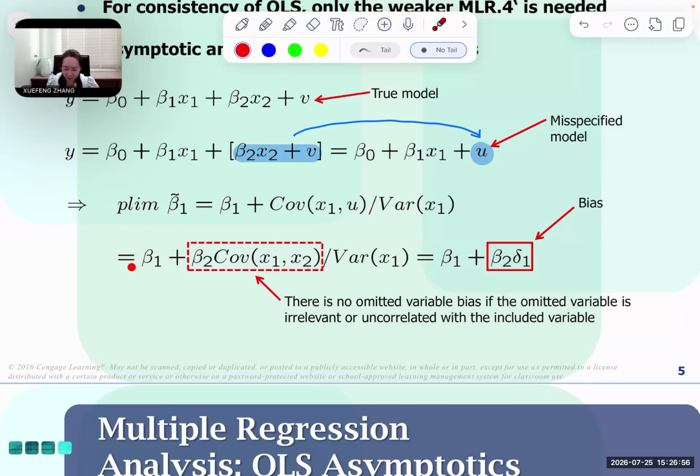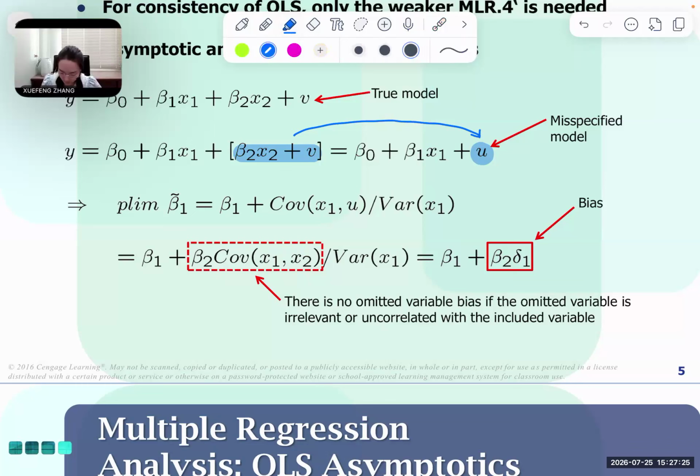So we have beta 1 plus beta 2 times covariance of x1, x2 over variance of x1, which equals beta 1 plus beta 2 delta 1, where delta 1 equals covariance of x1, x2 over variance of x1.